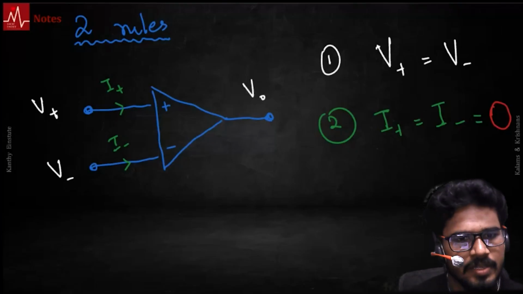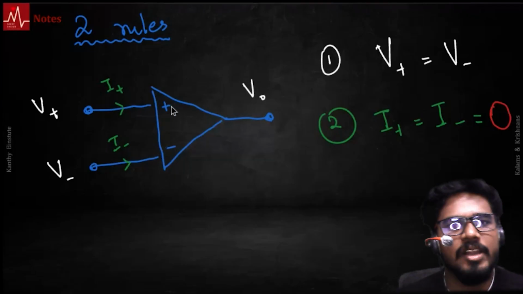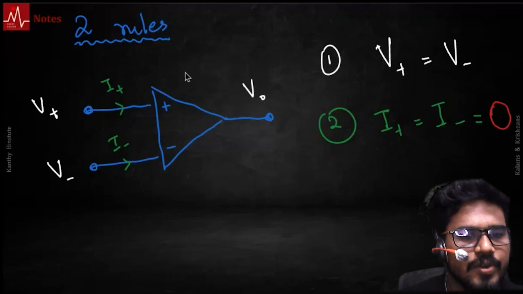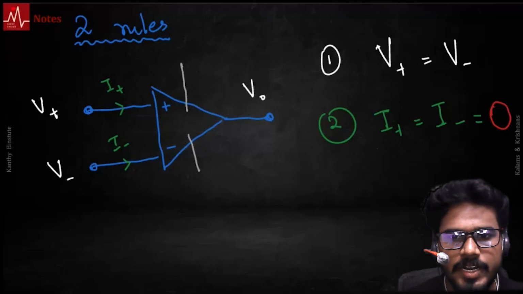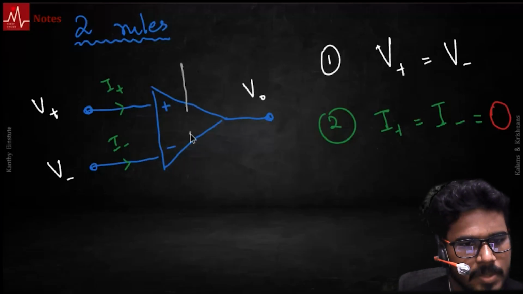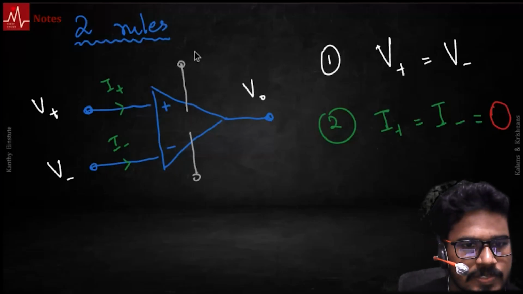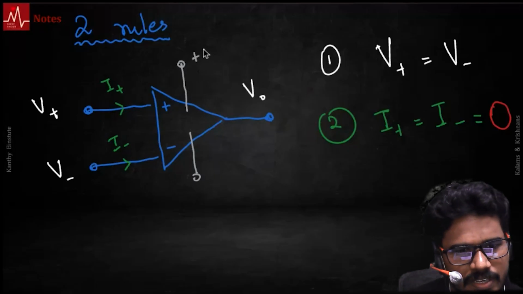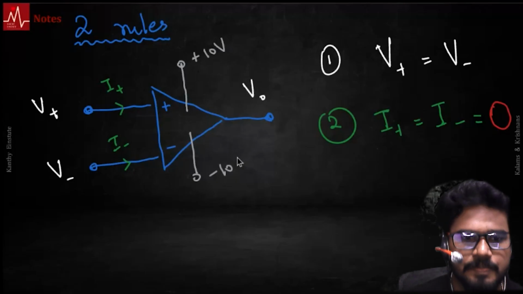Always remember this is an active thing, you can amplify voltages and all that. The reason you're able to do that is, of course, this can draw power in from an external battery. Sometimes this is connected to plus 10 volts, 15 volts, whatever it is, and this is sometimes connected to minus 10.